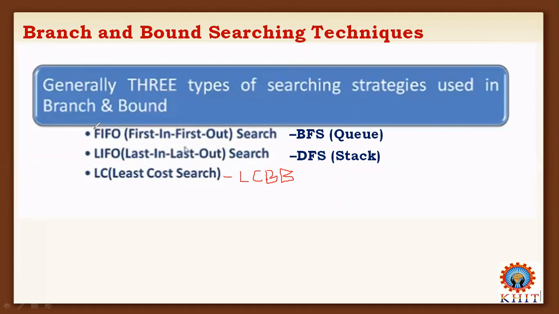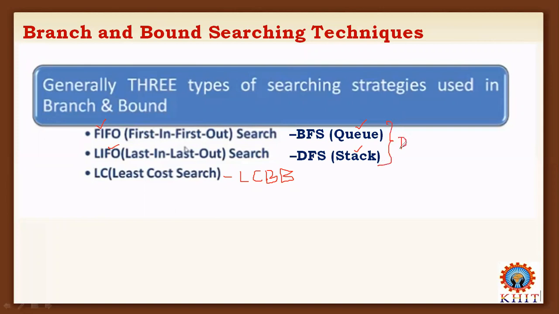Here, FIFO, first in first out, uses a queue. Which type of data structure is used for first in first out search? We generally use a queue. In the last in first out methodology, the data structure is a stack.